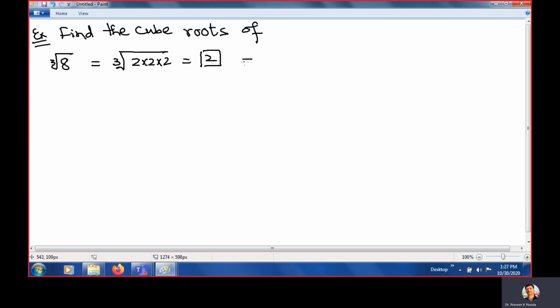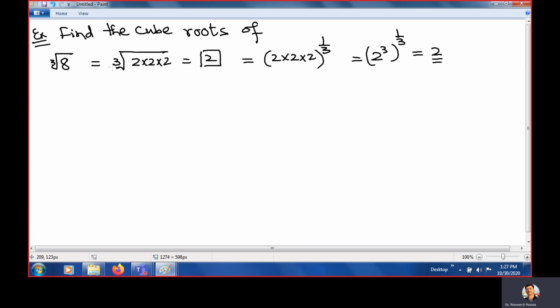How are we getting it? 2 times 2 times 2. And how much power? Here it is the third root, so 1 upon 3. So 1 will come. This can be written as 2 power 3, power 1 upon 3.